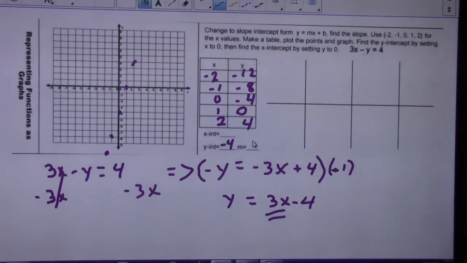We know that m is equal to 3, right? And for the x-intercept, we're going to say 3x minus 0 equals 4. And so what do we do here? Divide by 3, so x is equal to 4/3. So the x-intercept is 4/3. And then this is the graph here. So the graph's going to look something like this, right? That's our graph. Yeah, that's what I had.